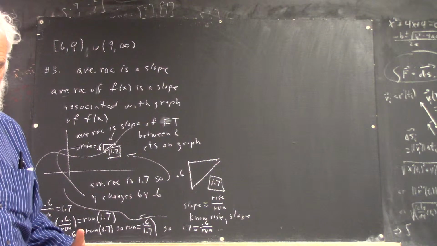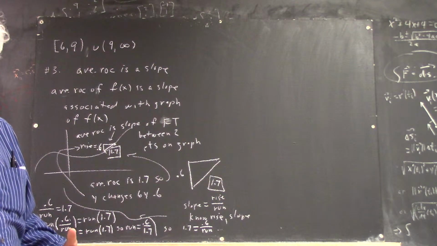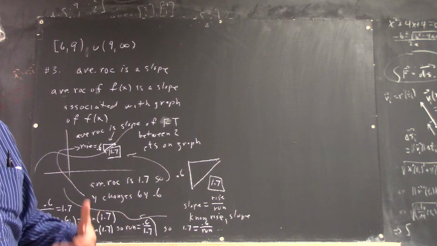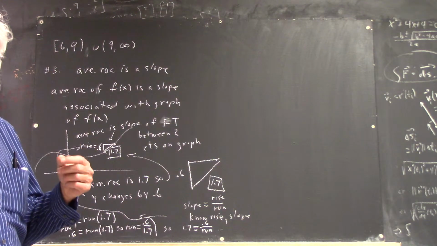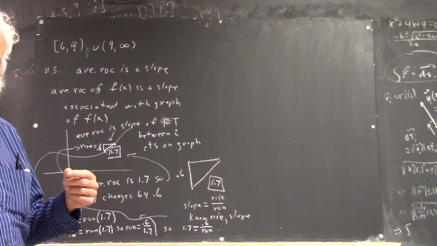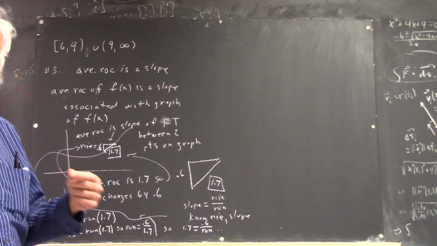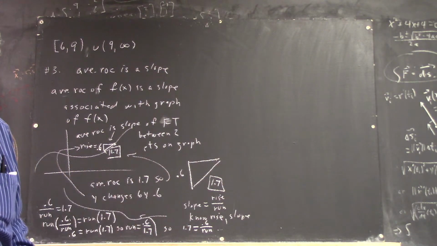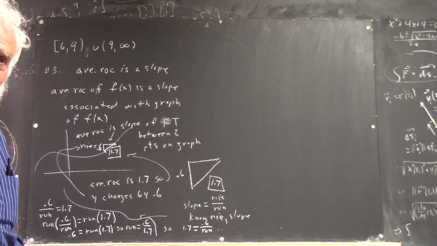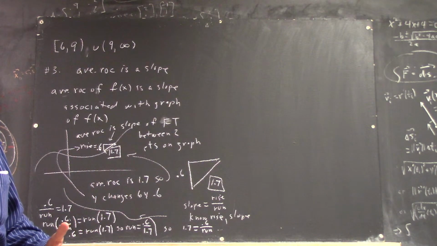I forget what the... What's the length of it? Yeah, the average rate of change of f of x, and on that, what's the length of the interval? That's the beginning of the question. I was looking at the end, okay? What's the length of the interval? The run.